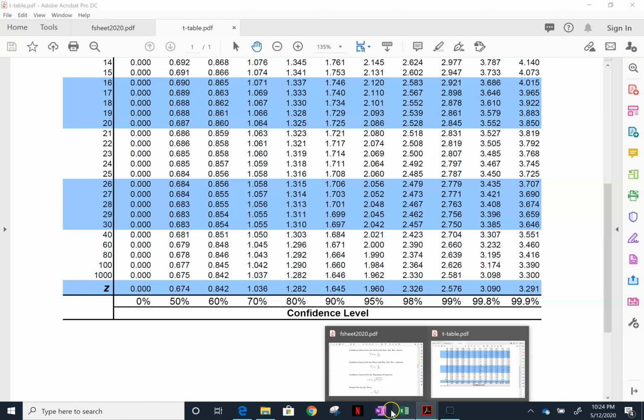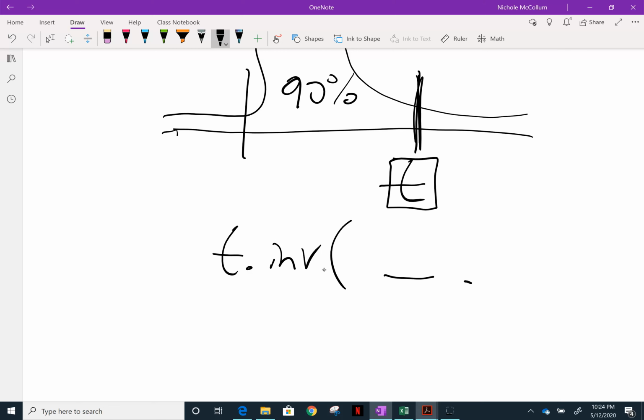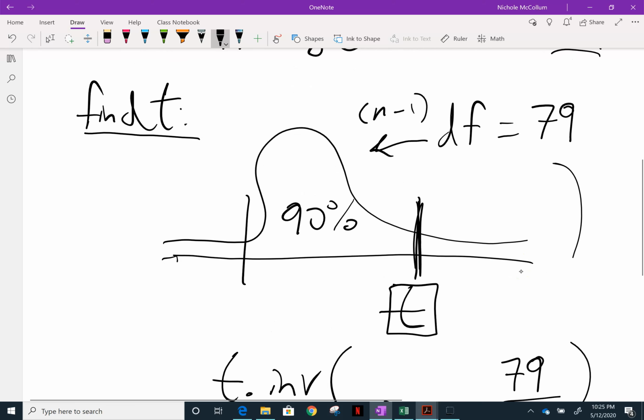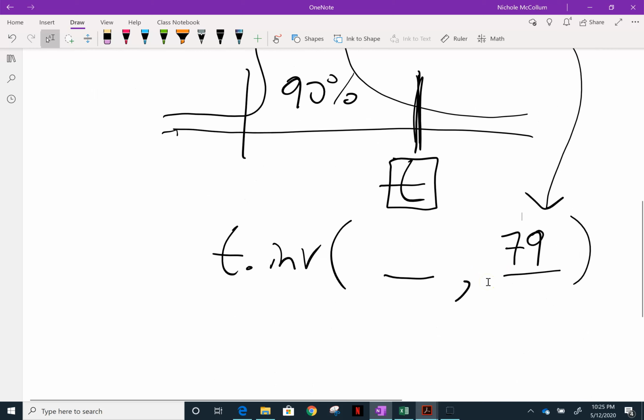So in Excel, if we want to do this, we use T.INV. And T.INV asks for two numbers. It asks for degrees of freedom because it needs to know which curve you're picking. Again, this is for the calculus, to know exactly which curve to pick, because there are many, many T curves.